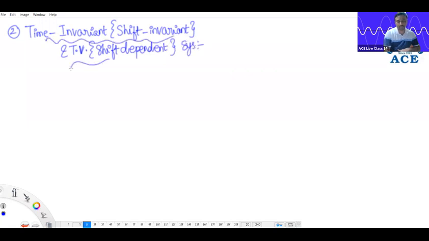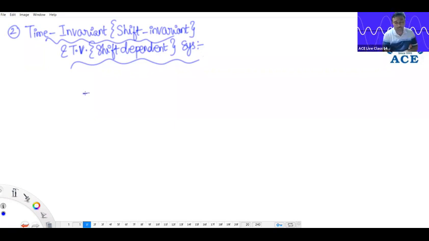The meaning of the word time invariant is included in the statement only. If the characteristics of the system are independent of time, then it is a time invariant system. If the system characteristics are not depending on time, that is called a time invariant system.